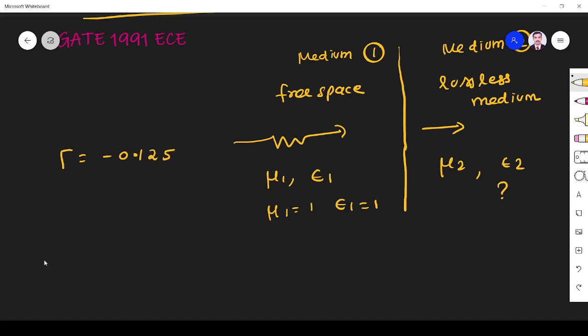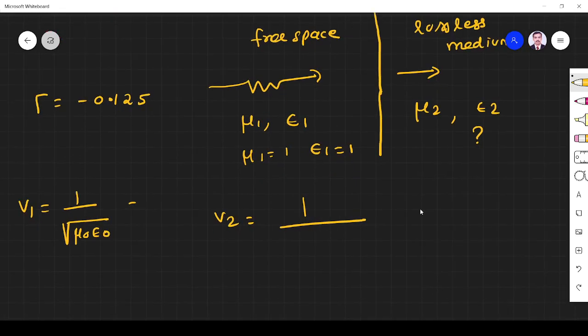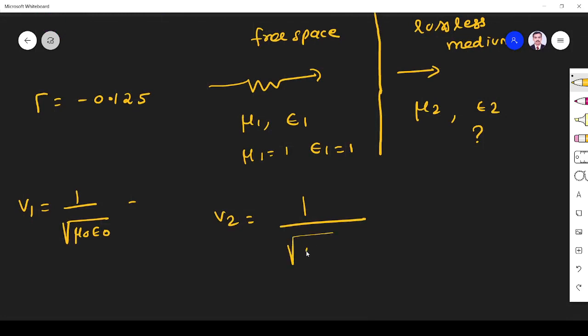So in medium 1, we know velocity is given by 1 over root of mu naught epsilon naught in free space. Similarly, this medium 1 is free space. In medium 2, velocity is given by 1 over root of mu epsilon. Why is it mu naught epsilon naught?